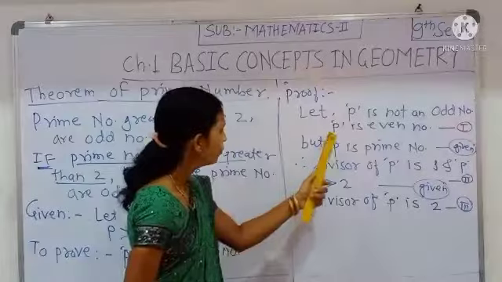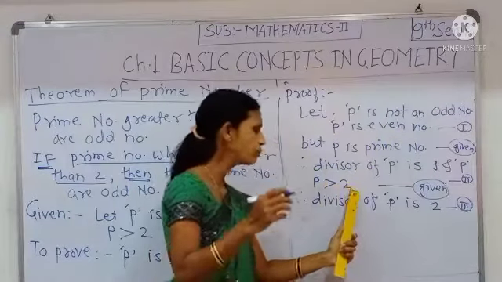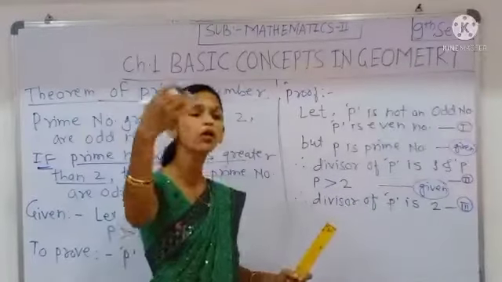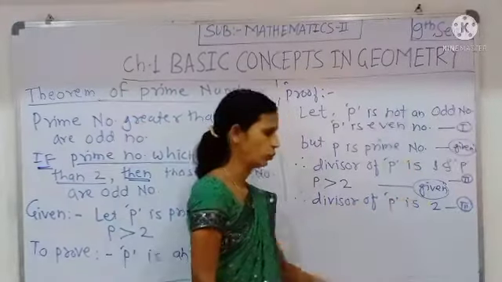See here, P is an even number and P is greater than 2. That means P is a multiple of 2. Therefore a divisor of P is 2.